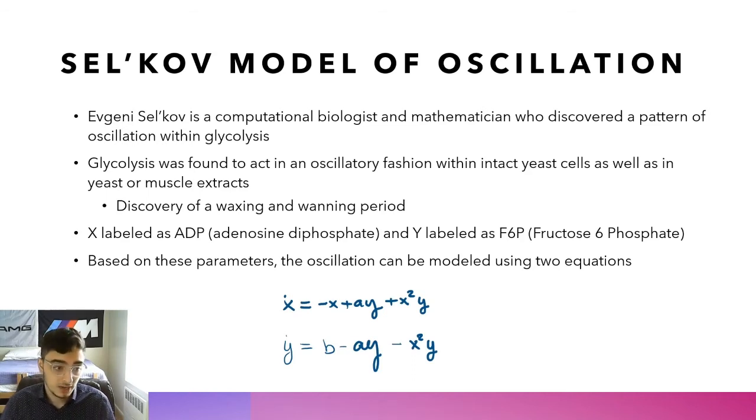X dot equals negative X plus AY plus X squared Y, and Y dot equals B minus AY minus X squared Y. As a fair warning, we're going to write through this to make it easier to explain, and we're going to try to avoid as much math as possible to make it clearer, but we will be mentioning math methods from the previous slides.